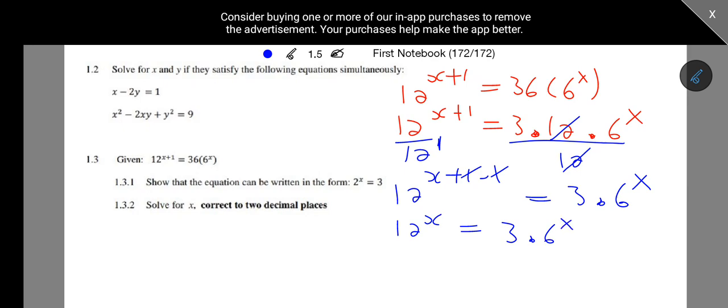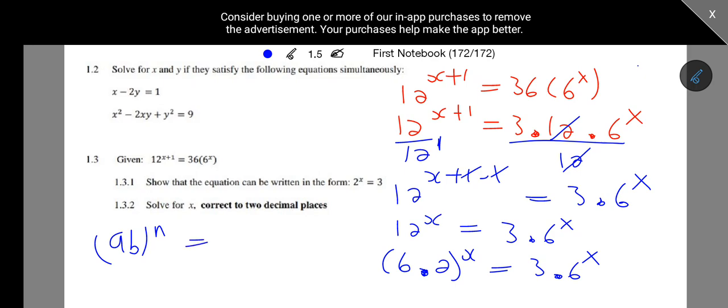Let's write 12 in terms of 6, right? So 12 in terms of its two prime factors can be 6 times 2. So 6 times 2 all to the power of x is equal to 3 times 6 to the power of x. Remember the rule which says that a times b to the power of n is the same as a to the power of n times b to the power of n.